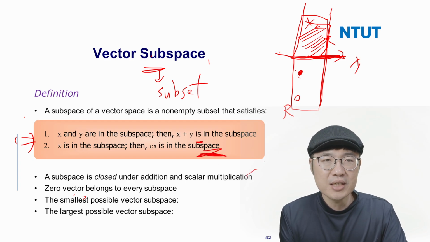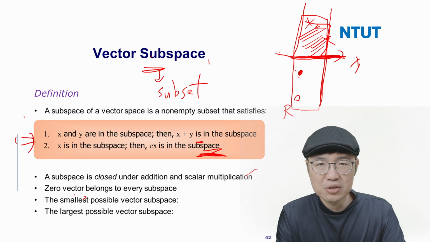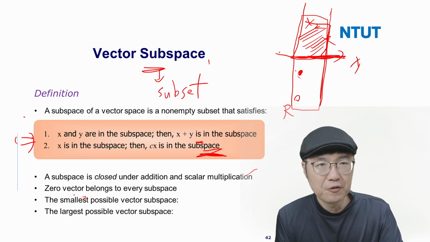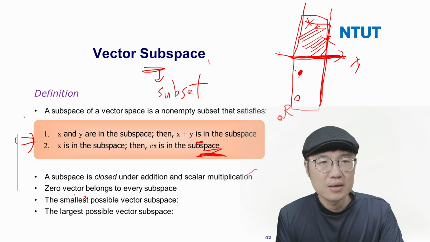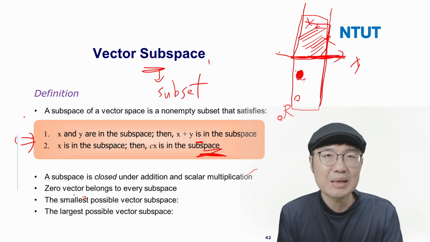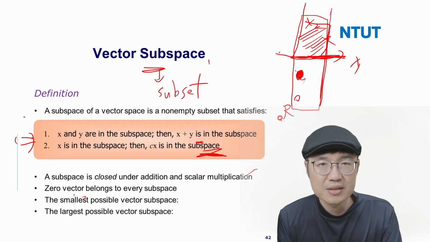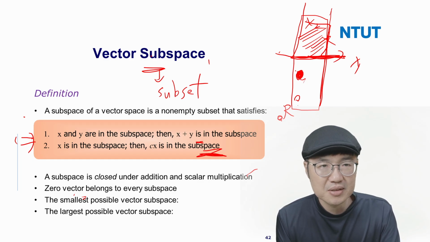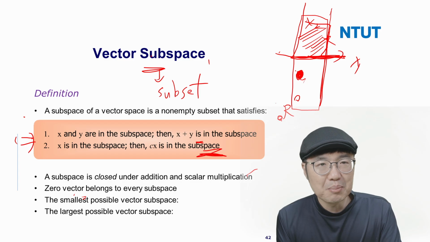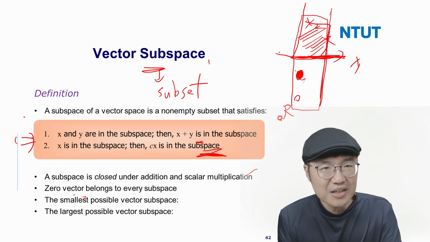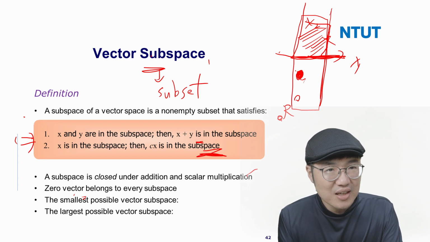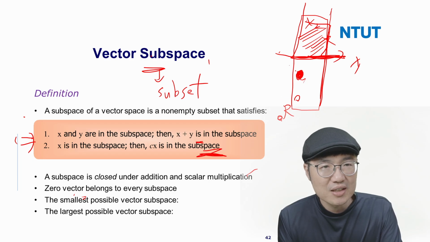The second property already rules out a lot of subsets. For example, the beginning one. This dot, the point here, is a subset, but it is not a subspace because once you multiply this by any number like 3, it will be moved here.